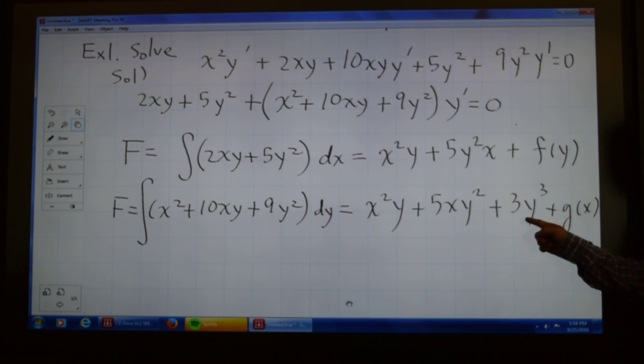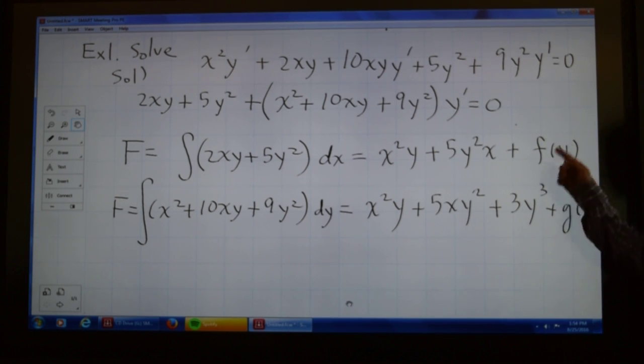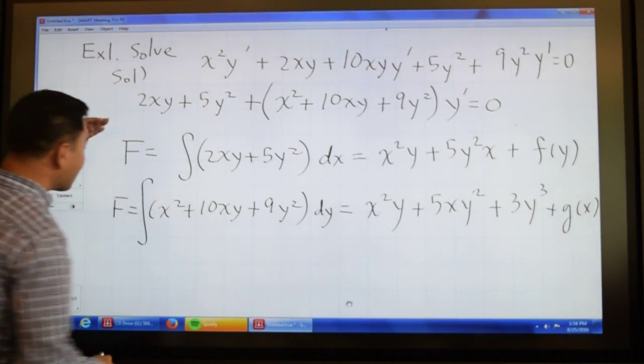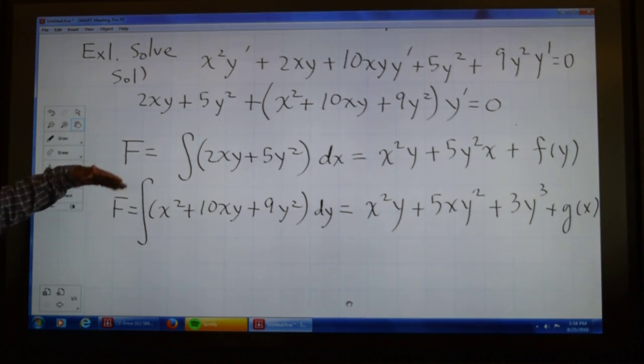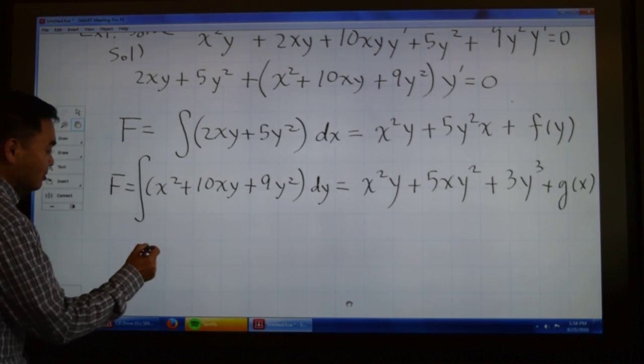Then these two are the same. How about g of x? 0. There's nothing here that is a function of x, right? So I can set this as 0, and this I can set as 3y cubed. Then I can harmonize these two descriptions of the function as a single function.